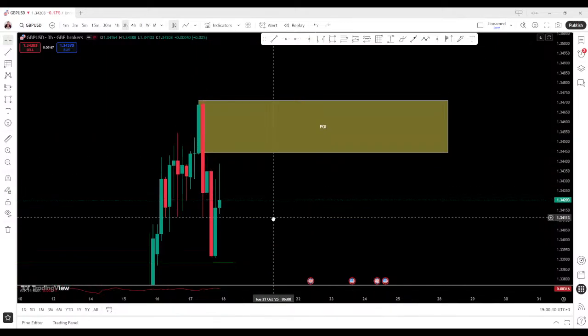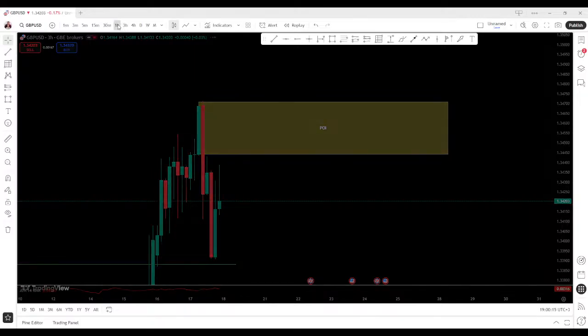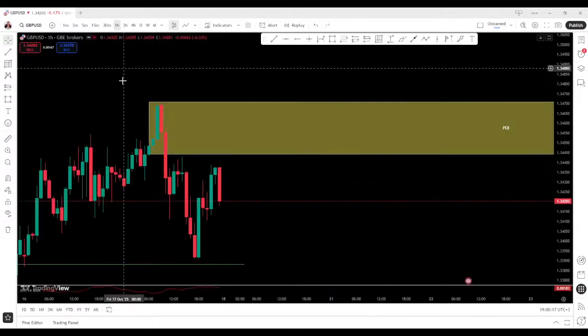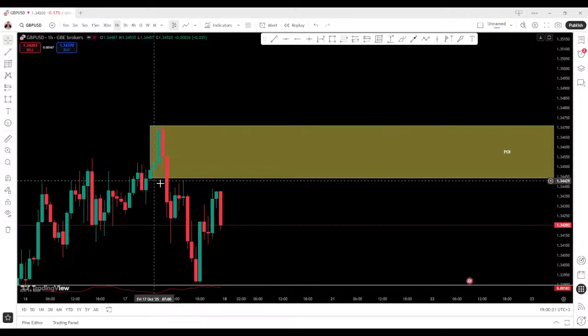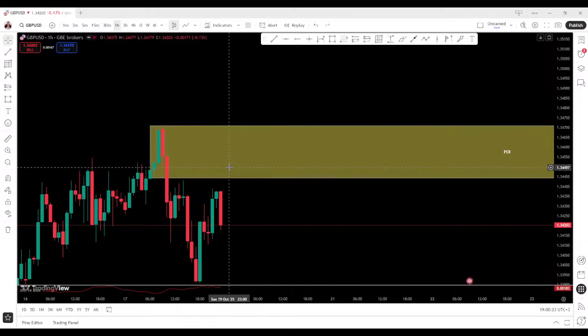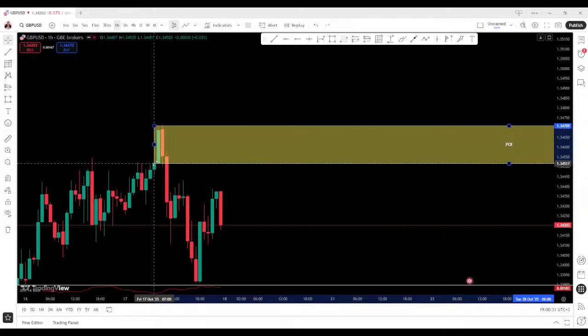Okay, so how do you refine this? Let's go to 1 hour and see what is happening. So we can refine this. Now you can see there is FVG here, but usually me, I don't trade FVG, so we refine it to that.